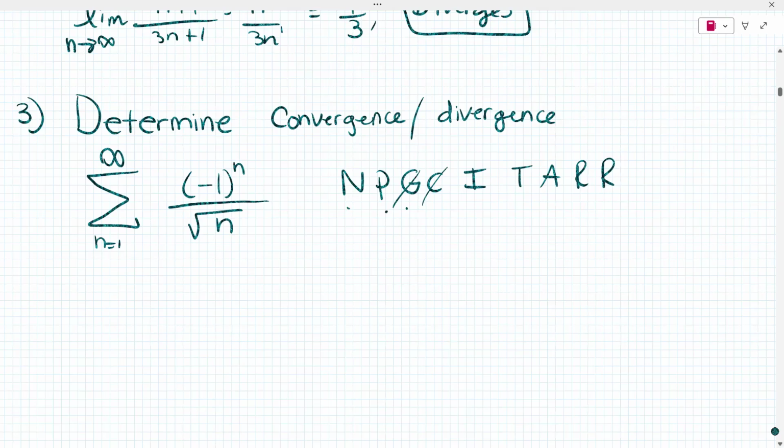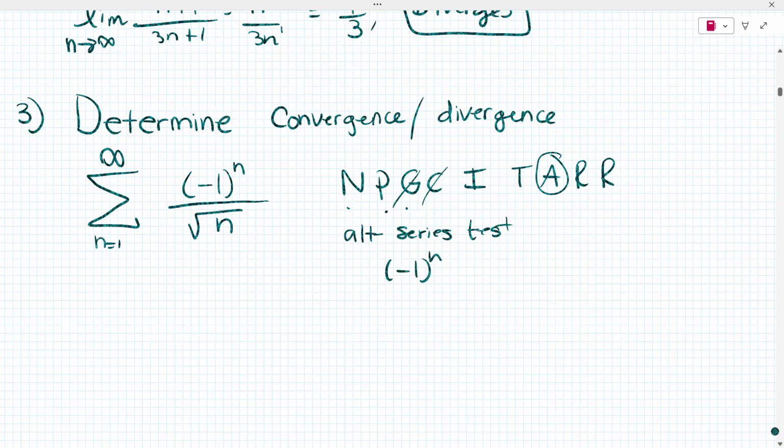I see a negative 1, so that's definitely we're going to use the alternating series test, because we have a negative 1 raised to the n.